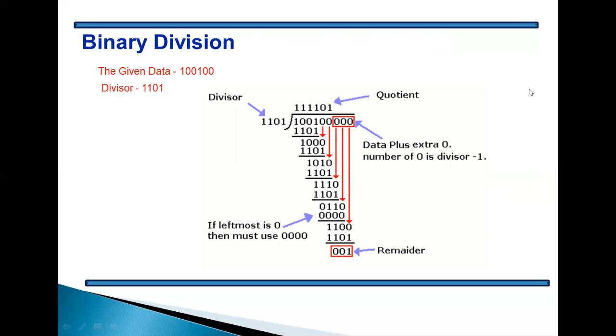Okay, the divisor is 4 digits, 4 minus 1 is 3 zeros. Okay, divisor value 1101. You have to multiply by 1, 1 is 1101. You have to calculate 0 plus 1 1 0 0 0 1 1 0.